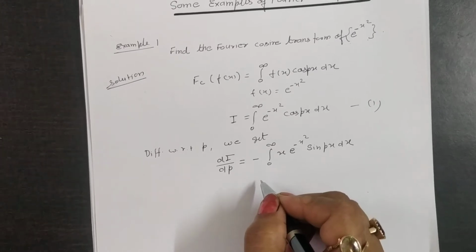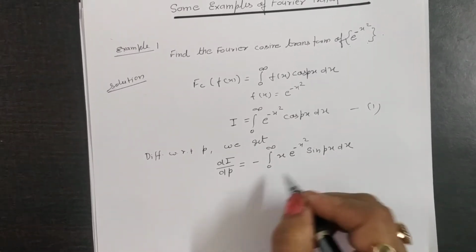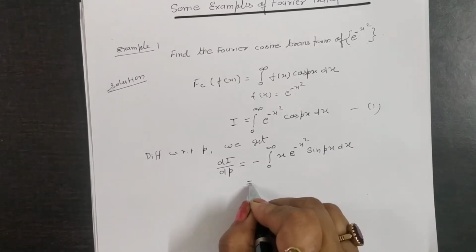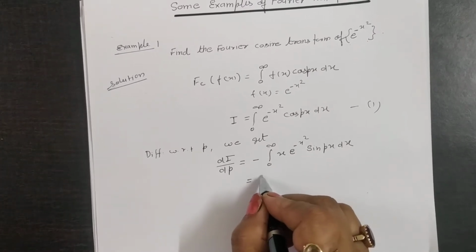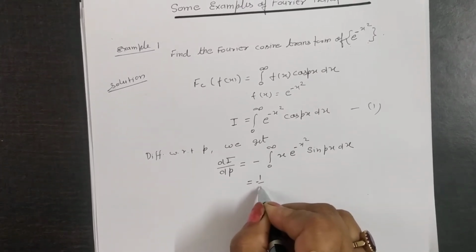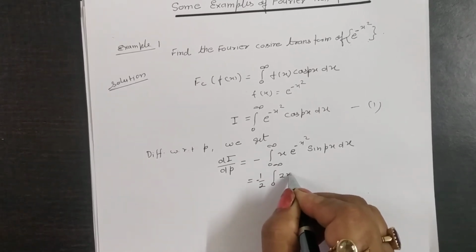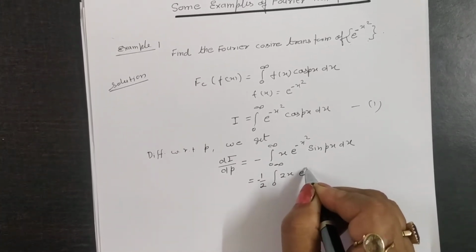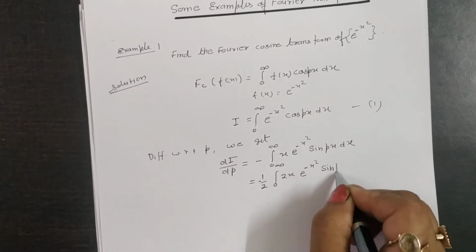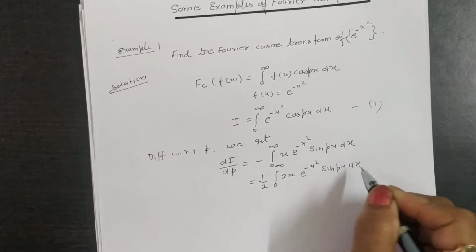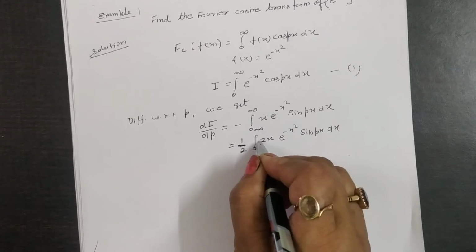Now this can again be written by multiplying and dividing by 2, taking the negative sign outside: minus 1 by 2 times the integral from 0 to infinity of 2x e to the power minus x square sin px dx.